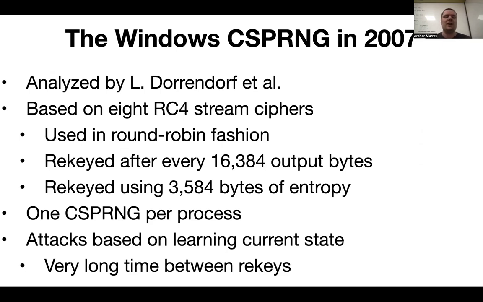And they found that it's quite easy for an attacker to figure out the current state because, unlike the Linux CSPRNG, which runs in kernel mode, the Windows CSPRNG runs in user mode, which makes its state easier to access. And they found that an attacker who figures out the RNG state can pretty easily figure out what all past outputs and all future outputs will be.